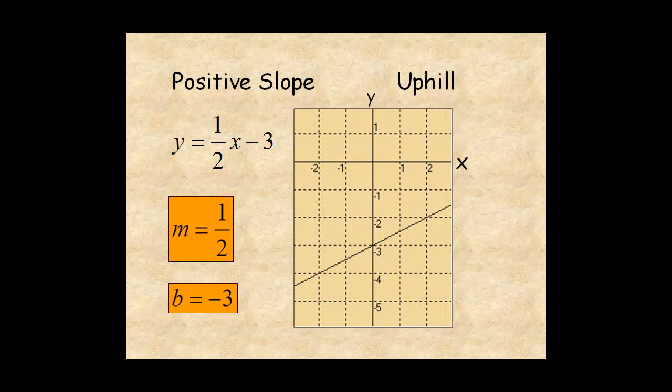When you graph this line up 1 and over 2 to the right, you also have to graph the line down 1 and back 2 to the left. You have to graph the line in both directions from the y-intercept.